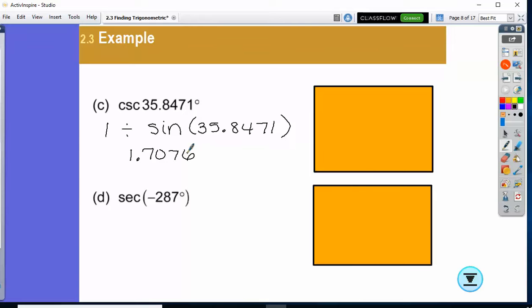That one. Secant, how would I type that in? 1 divided by cosine. And if it's a negative, you can just type that all in. You can find the coterminal, but you certainly don't have to. Your calculator can deal with the negative. And that gives us 3.4203.